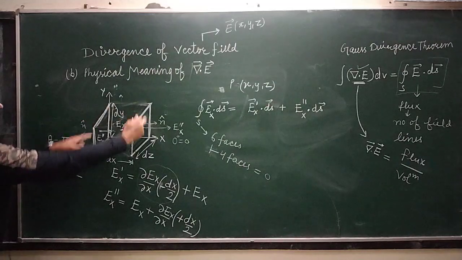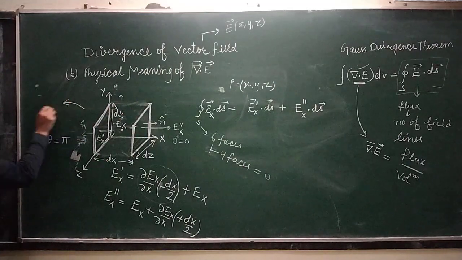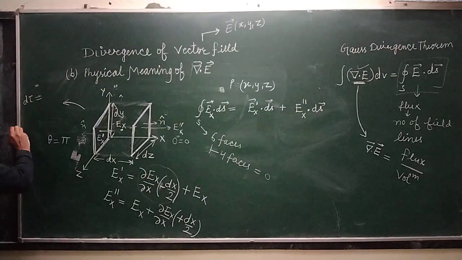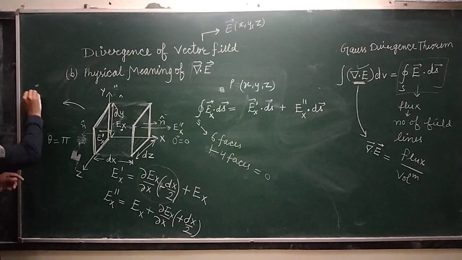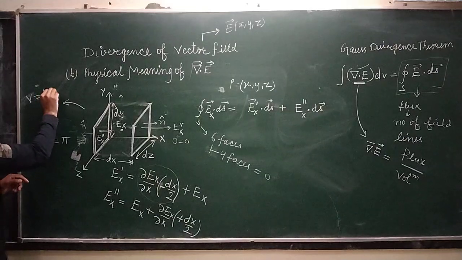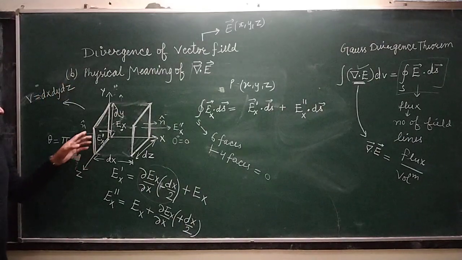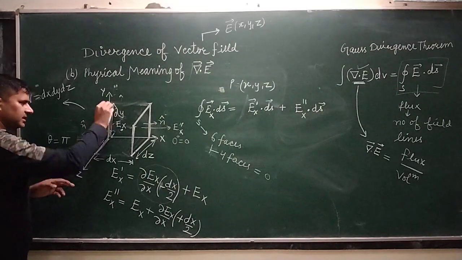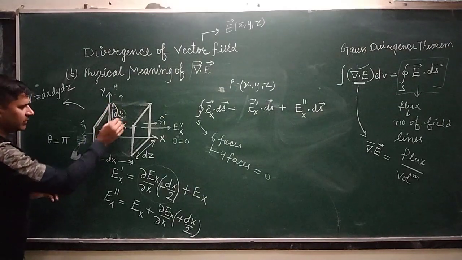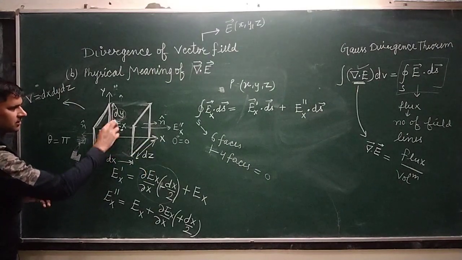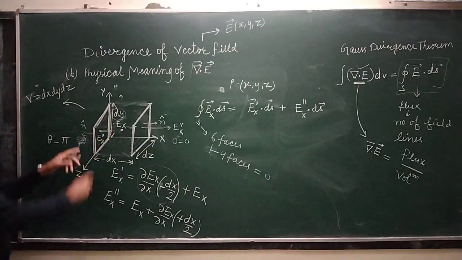So this cuboid is of volume d tau. I can write this volume V as dx into dy into dz. So what will be the area of this face? Area of this face will be dy into dz. You can see this dimension is dz. So the area ds.